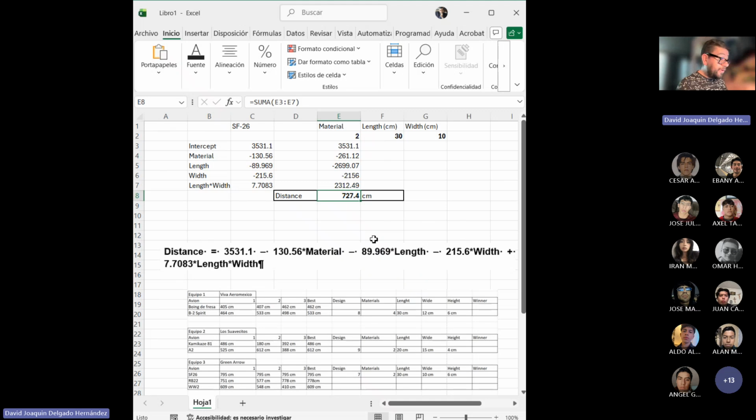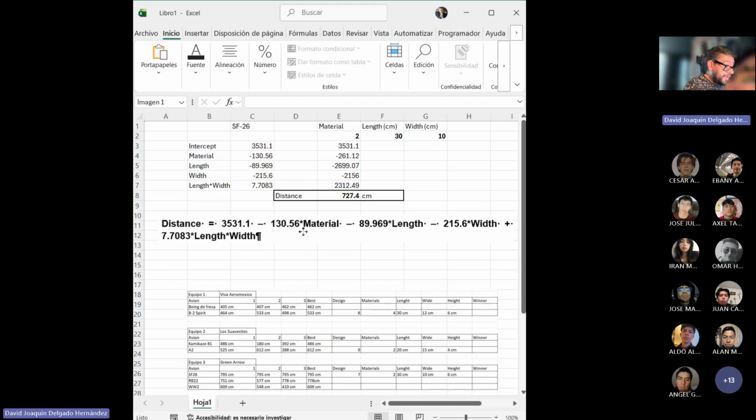And look, the prediction is that this airplane with these dimensions and this material would fly 727. So it is very close, right? It is kind of close. So my model is working okay in this case. This is the model. Remember, this in bold black is the model.